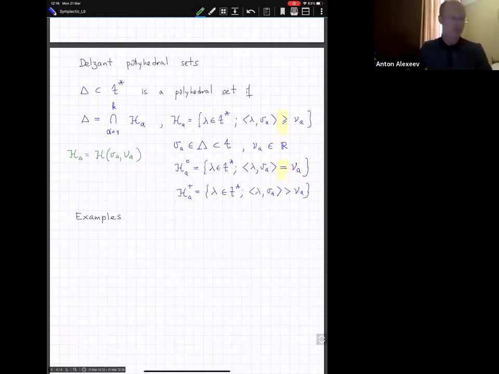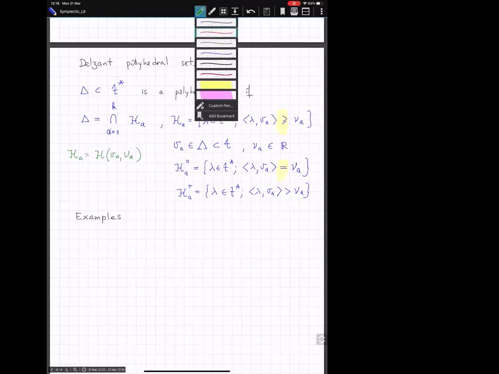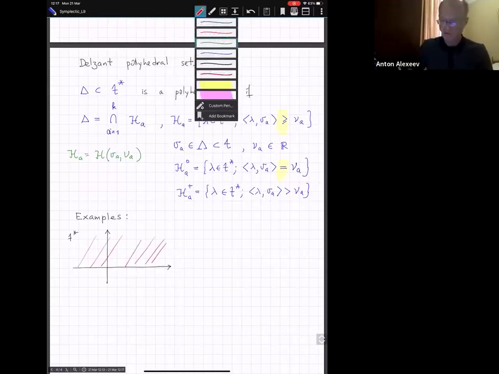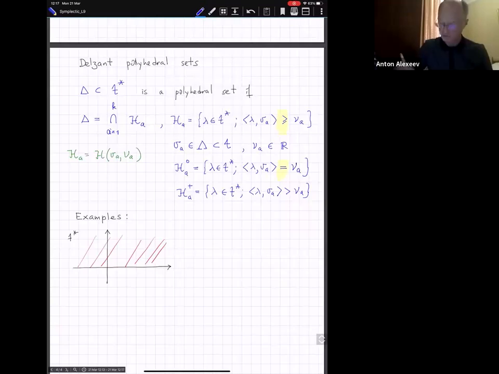So let me give you a couple of examples. Perhaps it would illustrate it. As usual, my examples are two-dimensional, right? So this is my T star, and I'm looking at this half space, right? So here the pair is v.